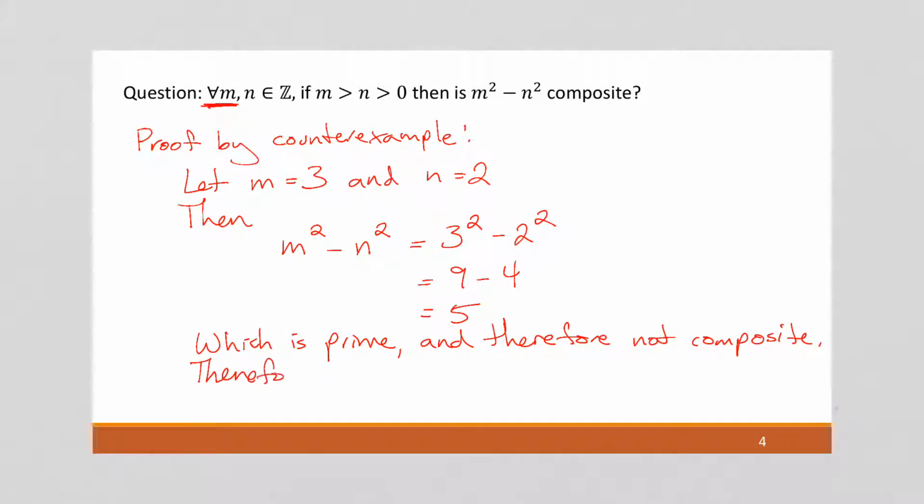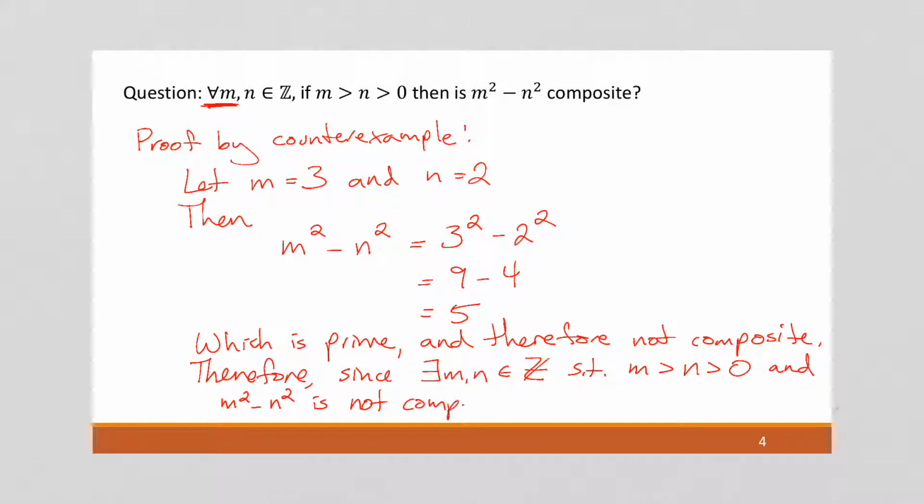Therefore, since there exists an m and an n in the integers such that m is greater than n is greater than 0, and m squared minus n squared is not composite, the statement is false.